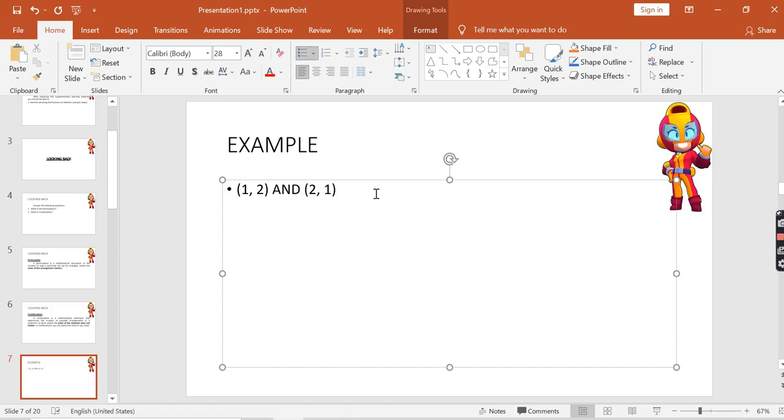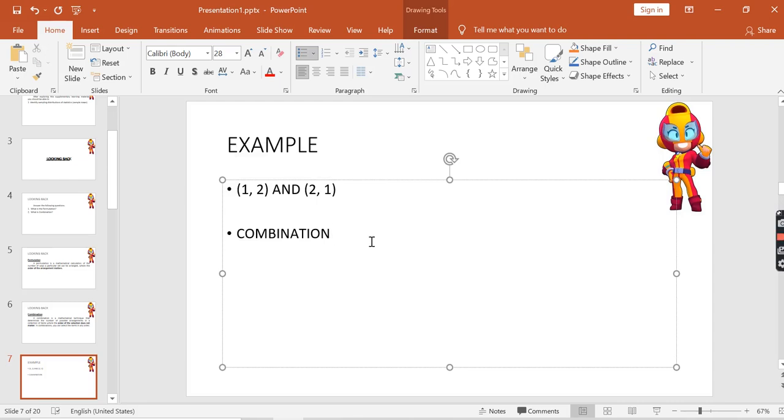In combination, these two sets of numbers are treated as the same, meaning 1, 2 and 2, 1 are equivalent.